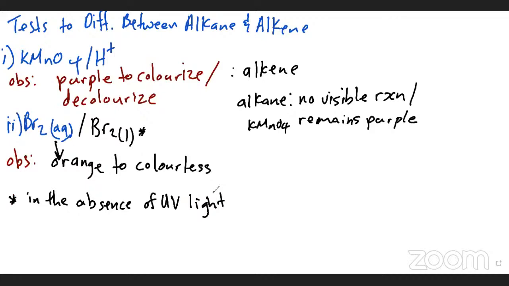All right, so take a picture. Please repeat, you said alkanes. So for bromine, the alkane reacts with it in the presence of UV light. So in the presence of UV light, both the alkane and the alkene will decolorize it.